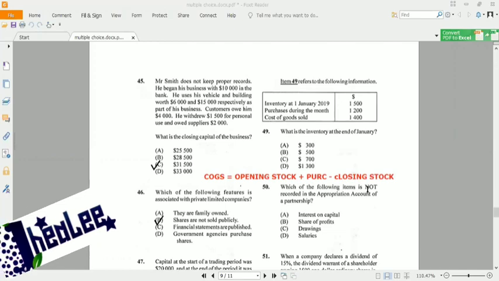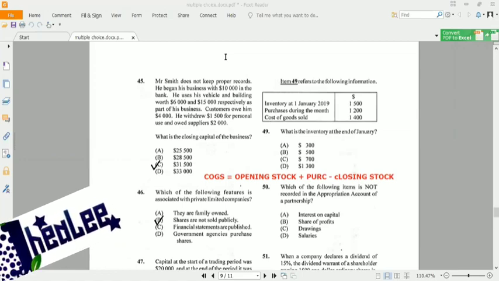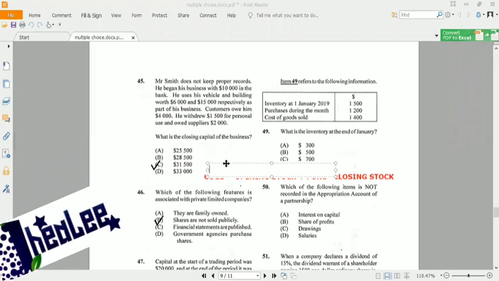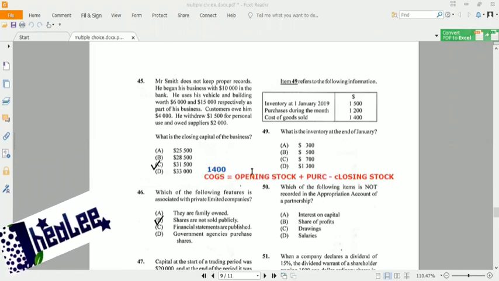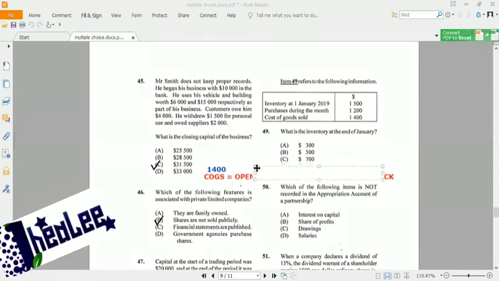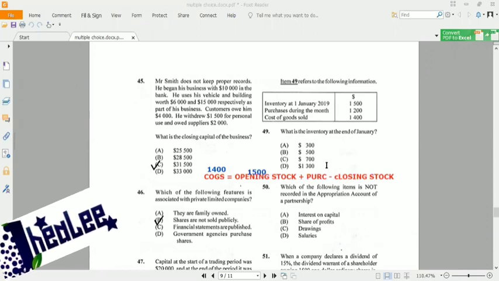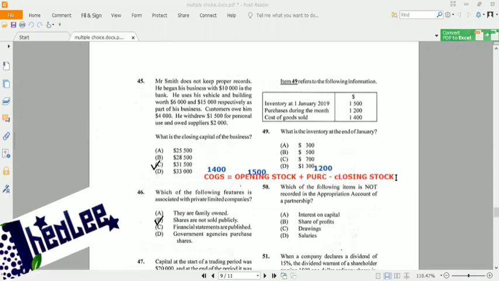So here we go. We have the cost of goods sold. The cost of goods sold is 1,400. We have opening stock of 1,500. And we have purchases of 1,200. What is missing is our closing stock.